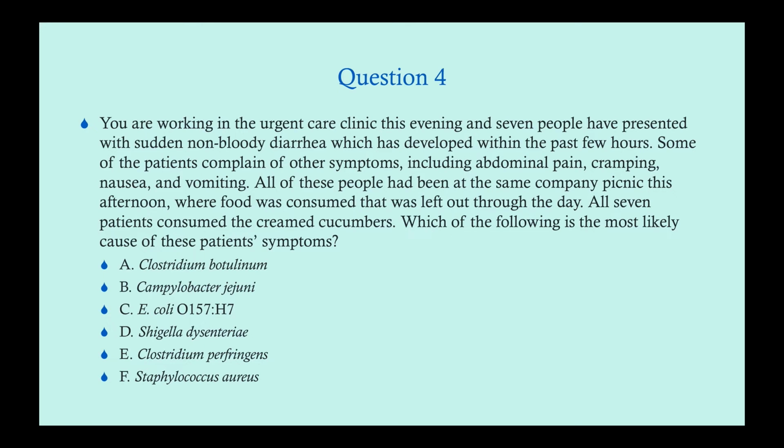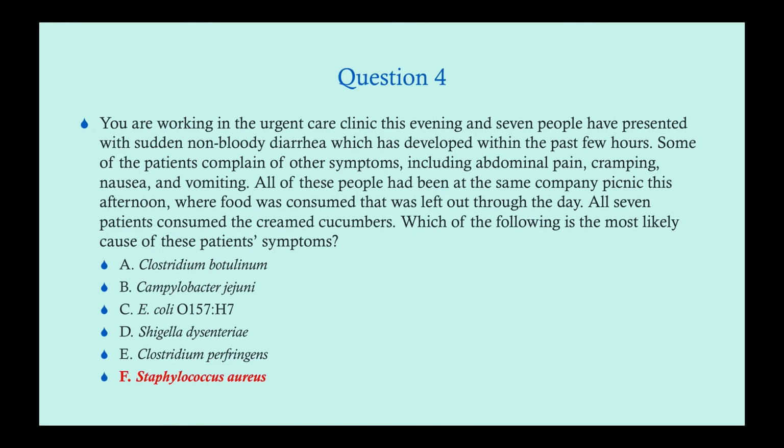Okay, so this is telling you non-bloody diarrhea. So if you know, as you should, your different microbiologic causes of non-bloody diarrhea versus microbiologic causes of bloody diarrhea, you should be able to eliminate some right off the bat.